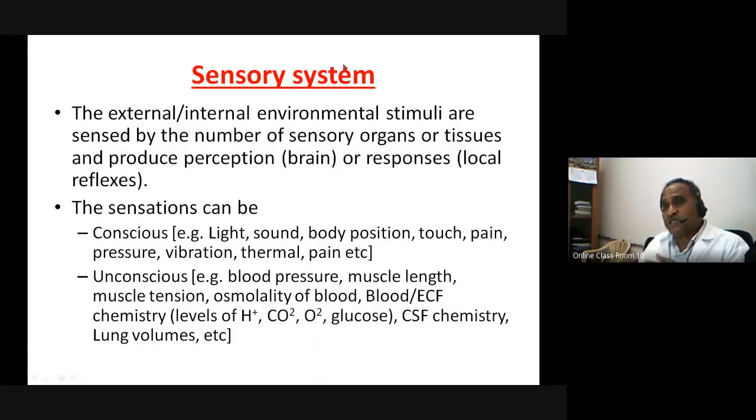So sensory systems detect sensations which can be either conscious or unconscious. These sensations are a result of stimuli; because of these stimuli, they are detected, perceived in the brain, and then the responses are produced accordingly.